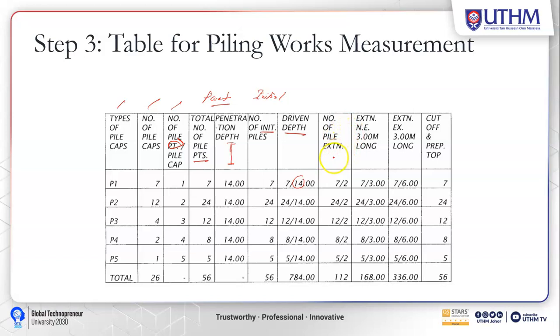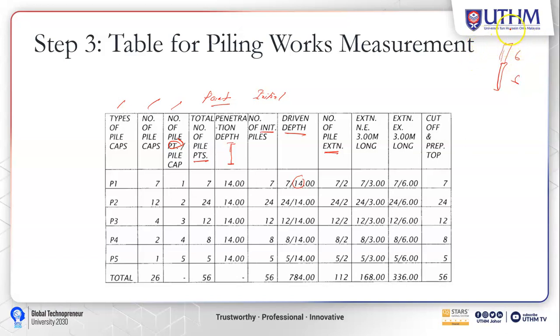And then number of pile extension. These are the number of piles that continue until we achieve 14 meter depth. If we are using 6 meter, this one is the initial, and then you need to add again 6. 6 plus 6 is 12.